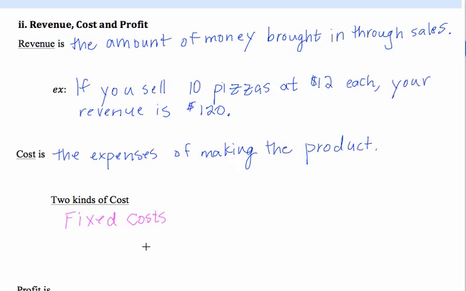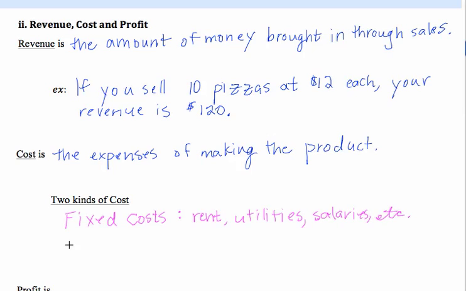Fixed costs are costs you have just for basically opening your door before you even produce any of your product. So you have to pay your fixed costs no matter what. It's things like the cost it took to build your building, to pay your employees, to pay for the utilities. You just open the door and you have a lot of fixed costs. That would include things such as rent, utilities, probably some salaries too.